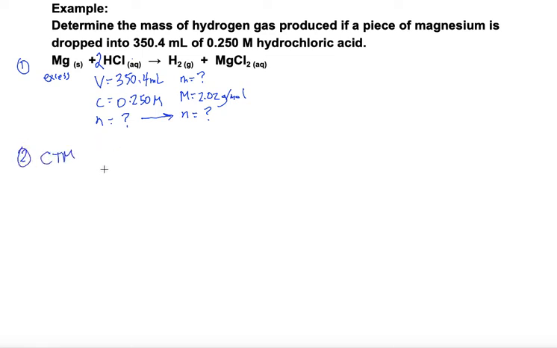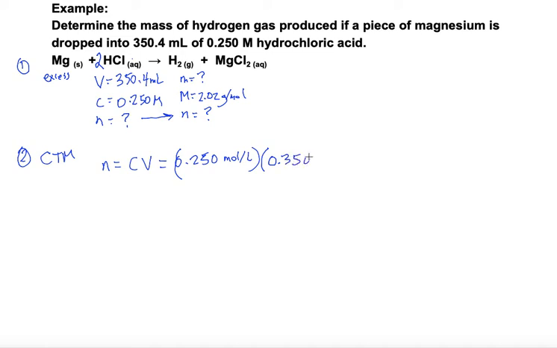So let's take a look then and convert to moles. So moles equals C times V. We're going to get 0.250 moles per liter. Remember, capital M as a unit means moles per liter. And the volume is 350.4 mL, but we need to make sure it has a liter unit, so I'm going to convert that to liters.